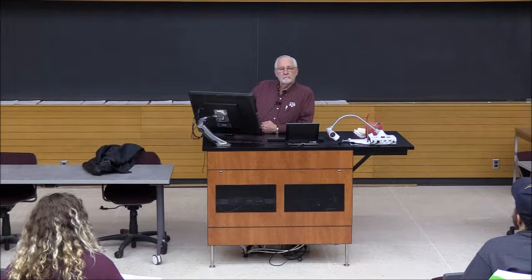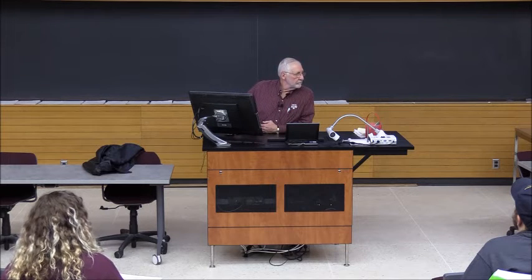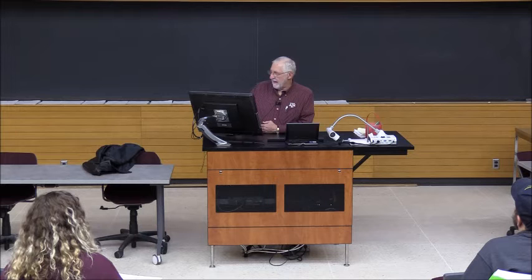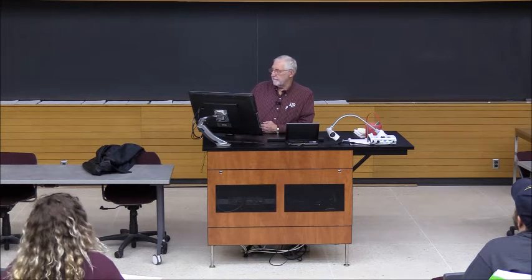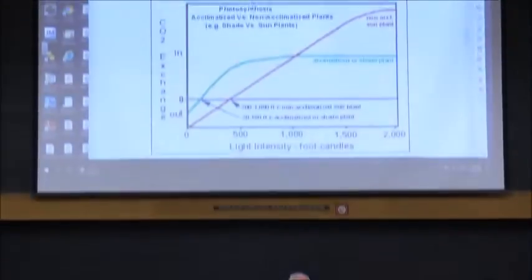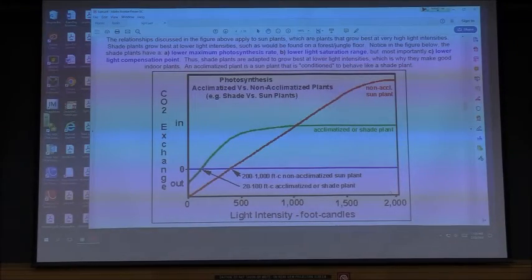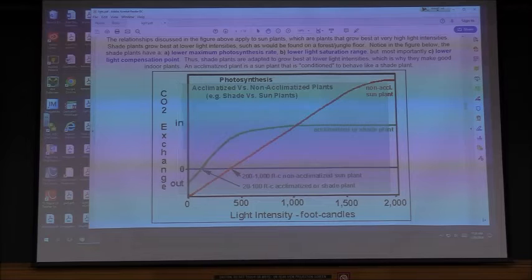Straight up. Because at high light intensity, the rate of photosynthesis is greater for a sun plant than a shade plant. If I take a high light intensity and draw a line straight up, I intersect this line at a lower rate and that line at a higher rate, so that's why.